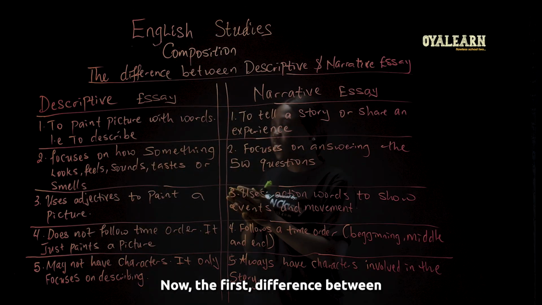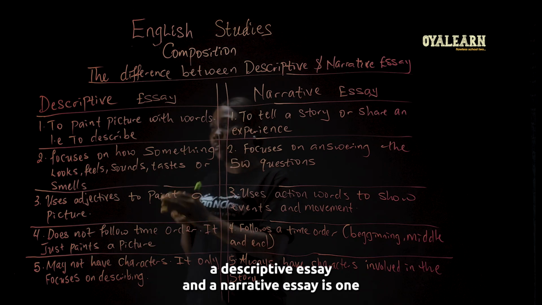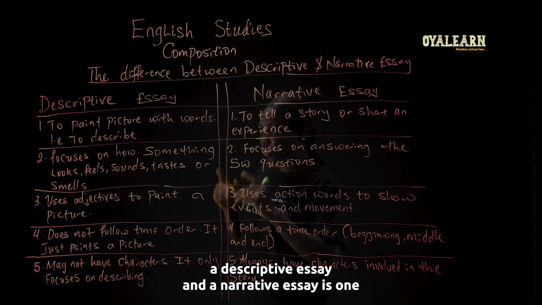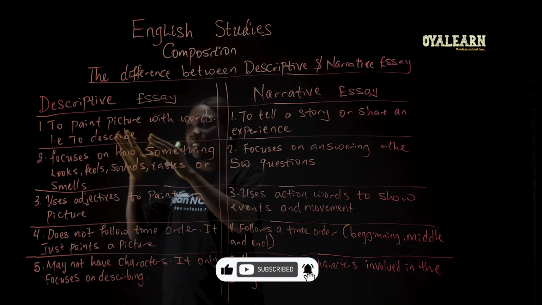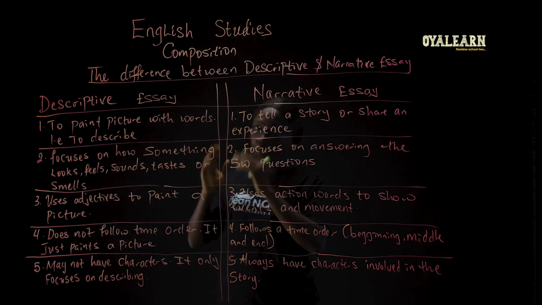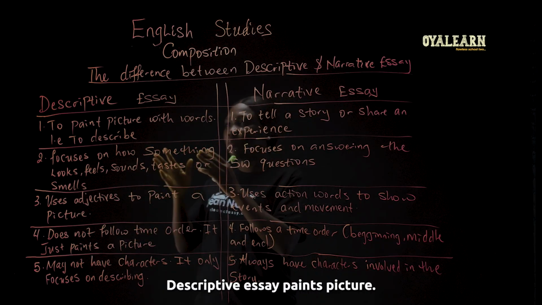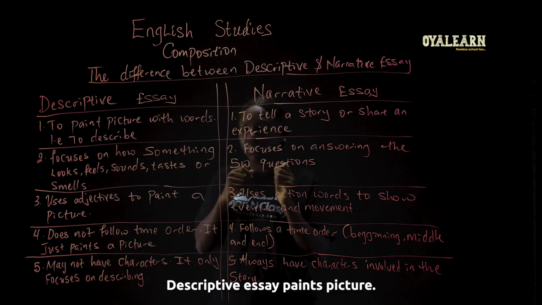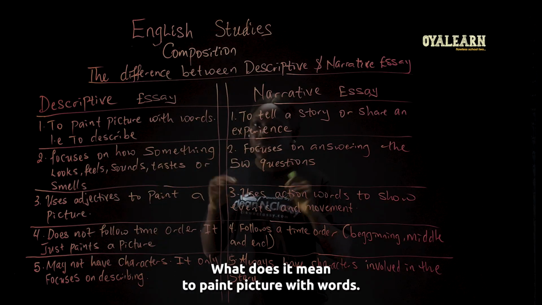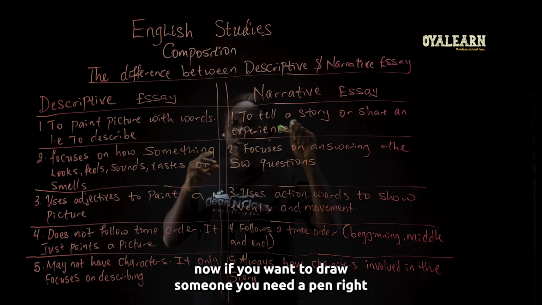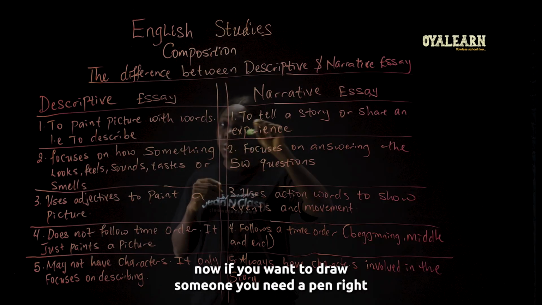Now, the first difference between a descriptive essay and a narrative essay is this: descriptive essay paints pictures with words. What does it mean to paint pictures with words? If you want to draw someone, you need a pen, right?